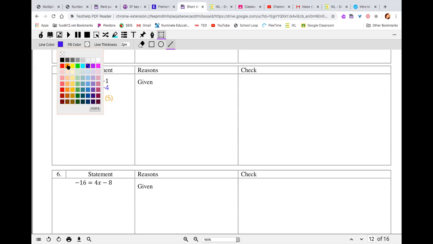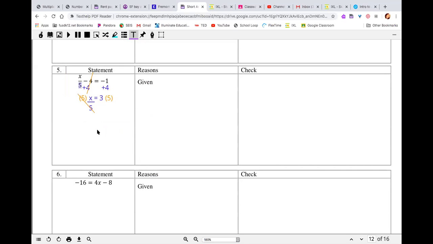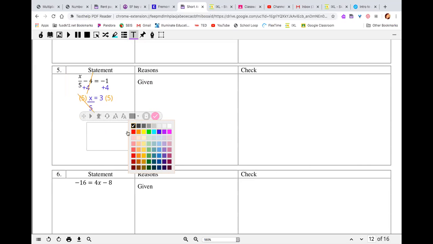Cancel the 5s. 5s cross out. 5 times 3 is 15. So now it says x equals 15.